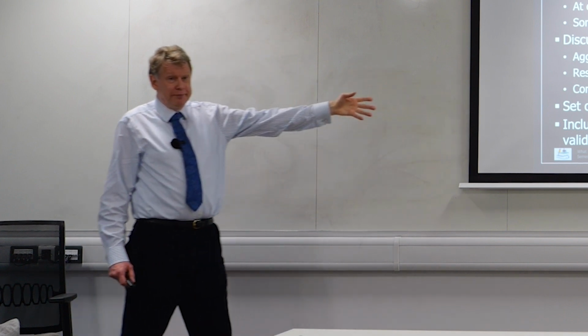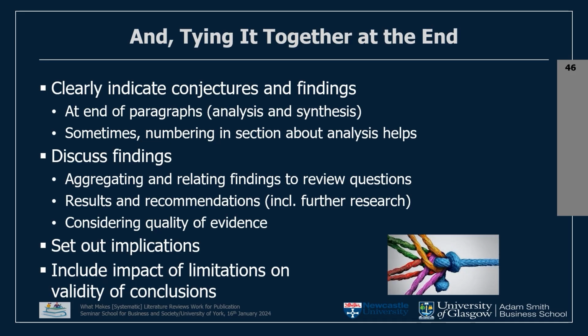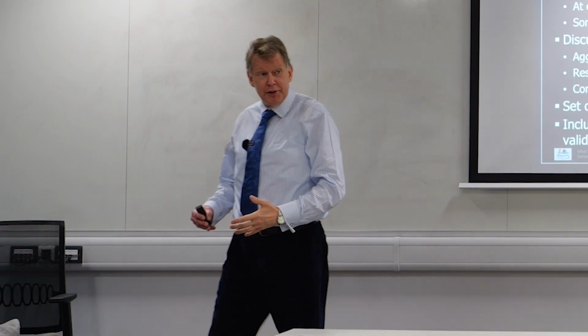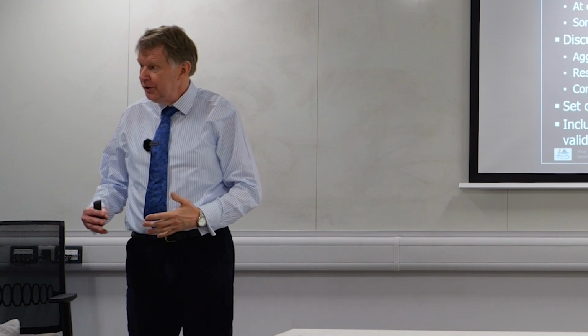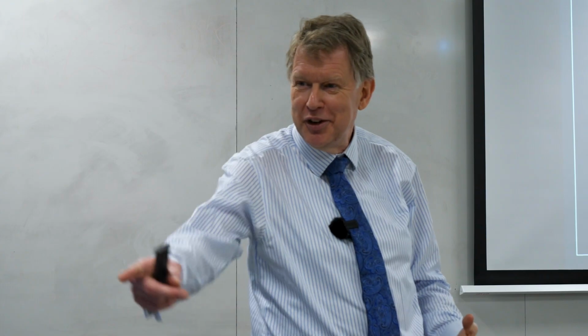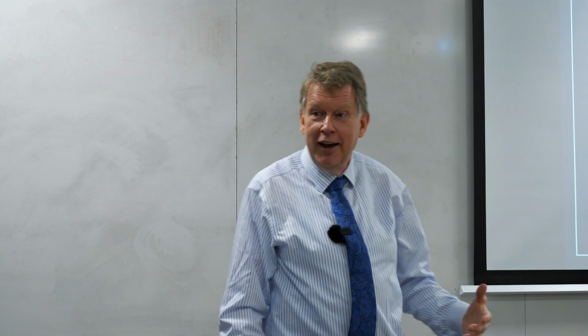Discuss the findings. So about how they are related to the original review question. So do they really provide the evidence? So if you go back to the lean production, the case survey method, that was Anna who was doing that.